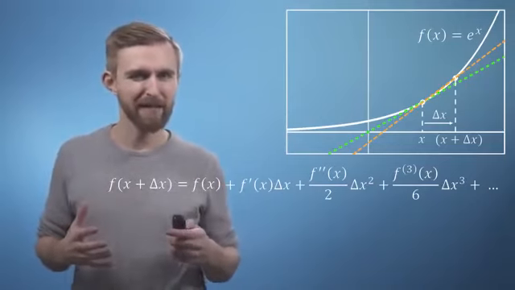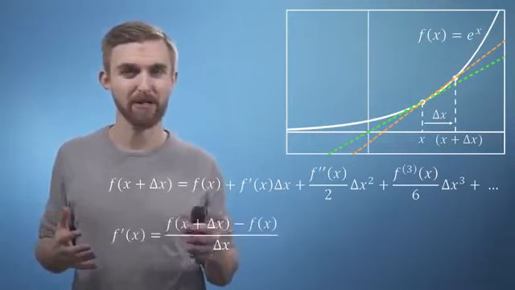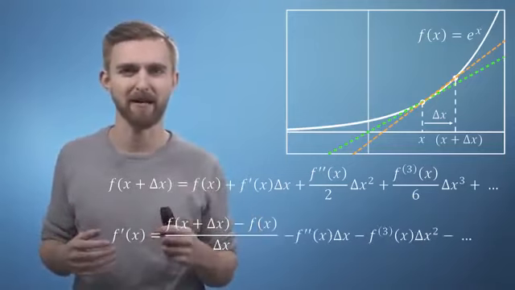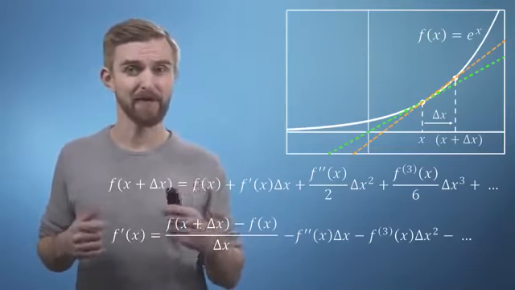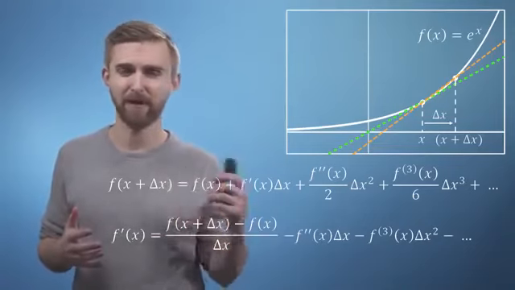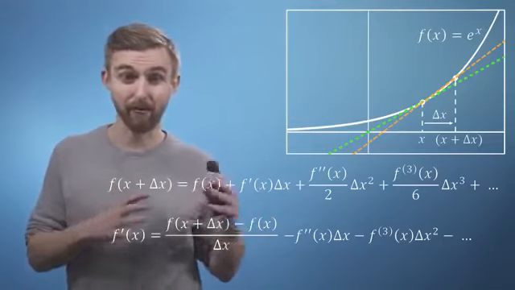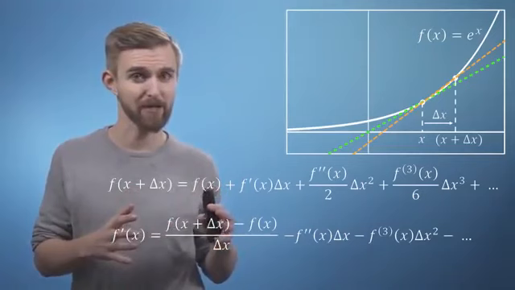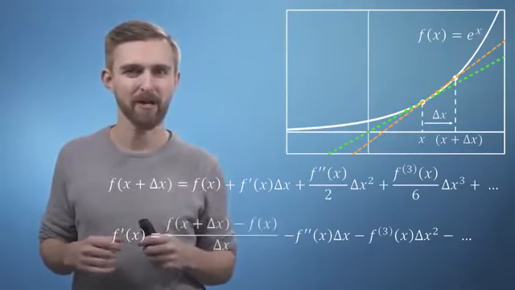With a bit of slightly fiddly algebra, we can rearrange this expression such that the gradient term f dash of x is isolated on the left-hand side. Because the series is infinite, this is still an exact expression for the gradient at x, but what we get on the right-hand side is something that looks suspiciously like the rise over run expression plus a collection of higher order terms.